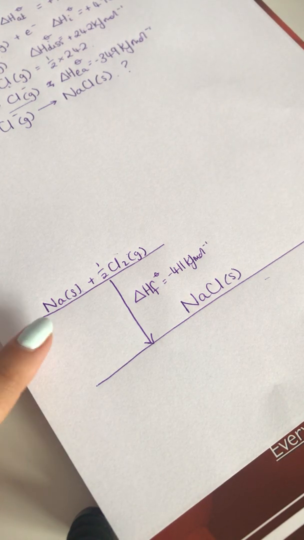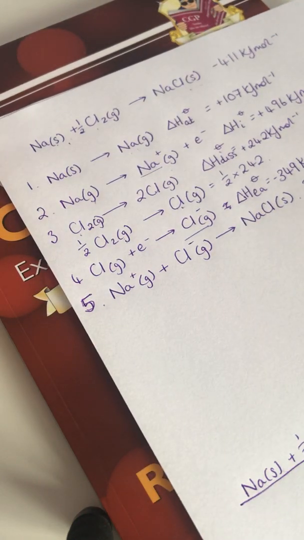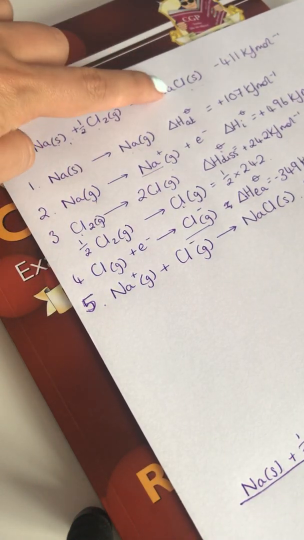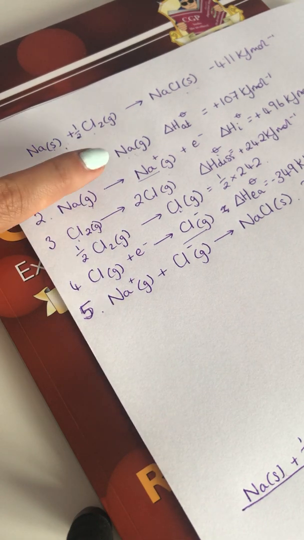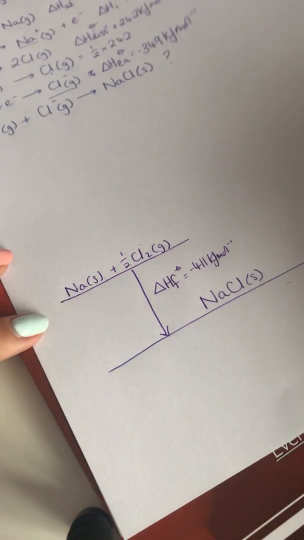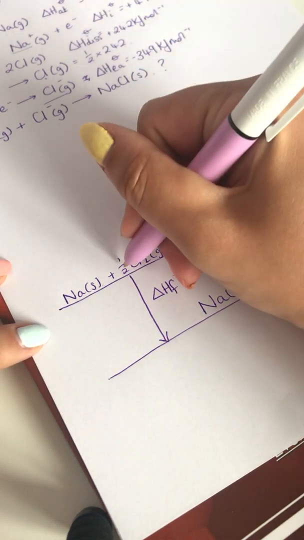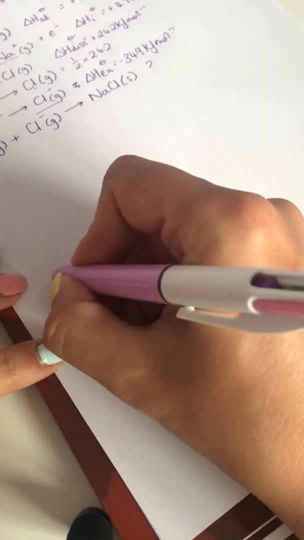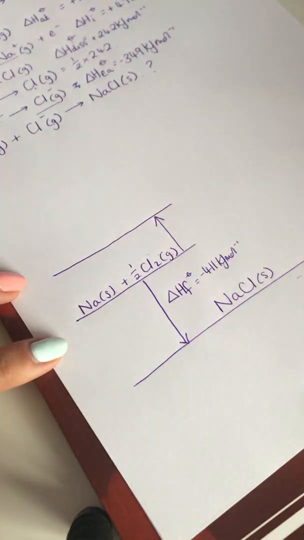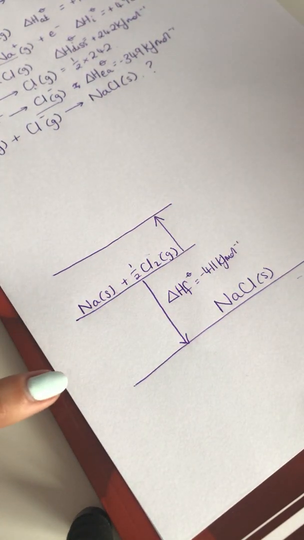Looking at my steps then, to get from this to this, the first thing I have to do is change my solid sodium into gaseous sodium. So, going back to my Born-Haber cycle, I'm going to draw an arrow up to the next level. It doesn't matter how big your lines are, how big your gaps are, as long as your arrows point in the right direction.